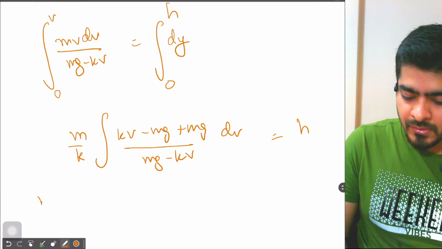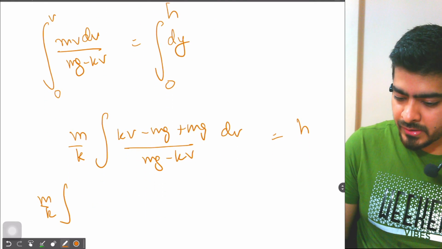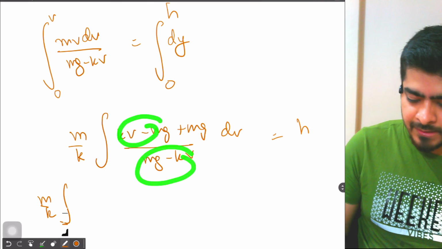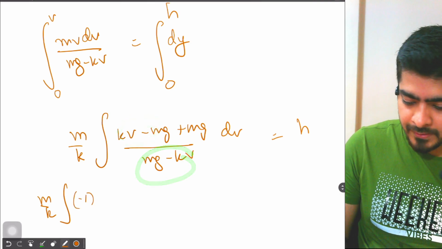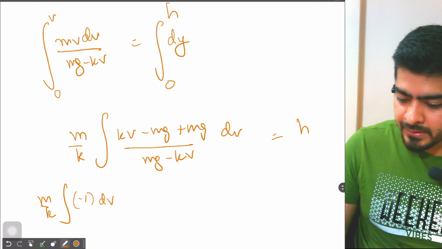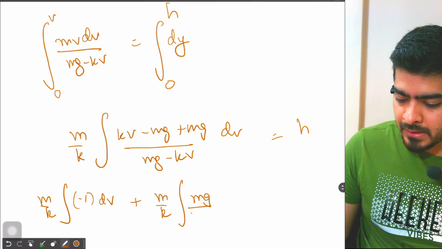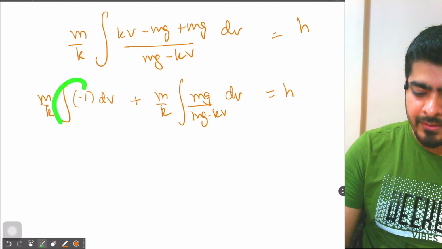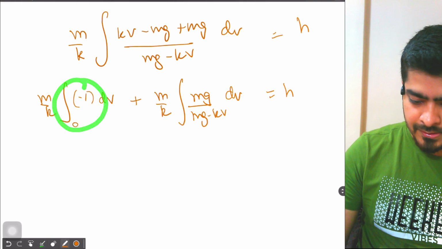So we have m by k integration of (kv minus mg) upon (mg minus kv), which gives you minus 1, dv, plus m by k integration of mg by (mg minus kv) dv, that is equal to h. So here when you integrate, this is 0 to v, right?